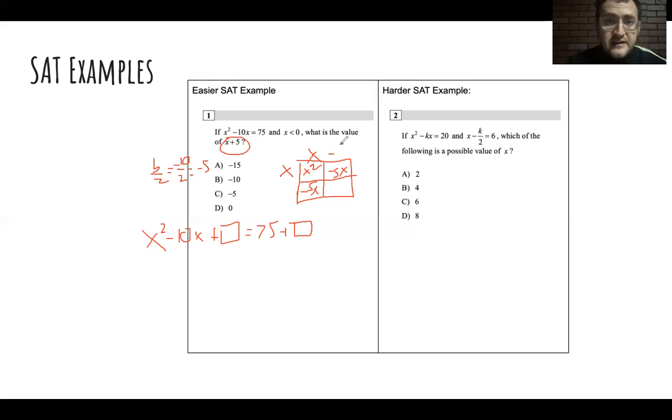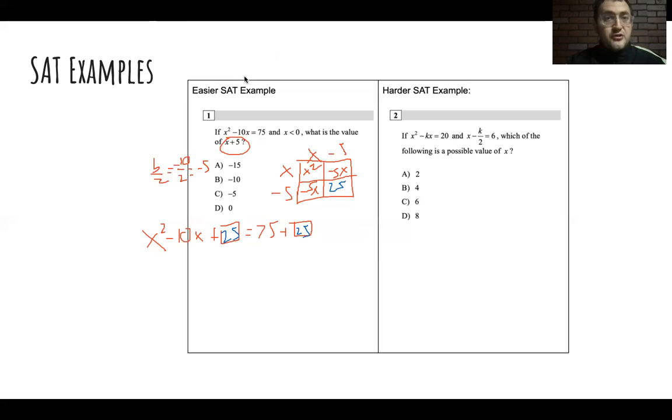That means your factors are both x minus 5 and x minus 5, and the number that completes the square is going to be 25. So we're going to be adding 25 to both sides.